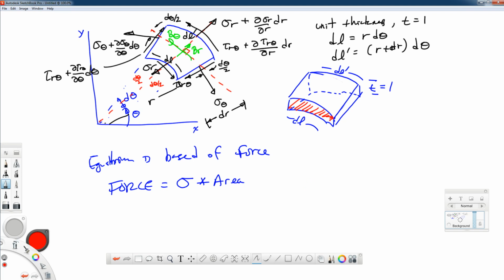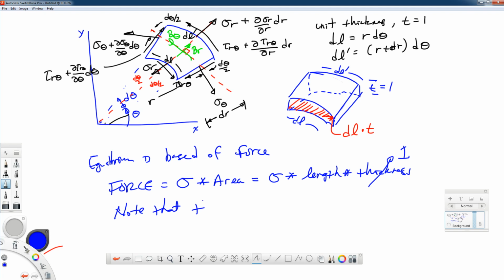This one is going to be dl times the thickness. Then my thickness is going to be 1, so I'm not going to explicitly state the thickness in each of my equations. Note that thickness will not be explicitly stated.